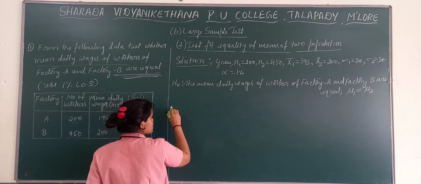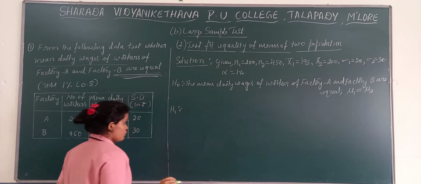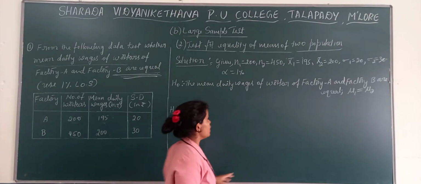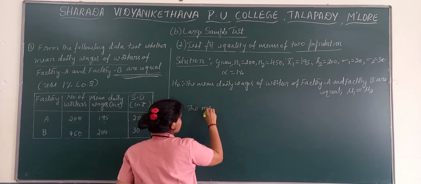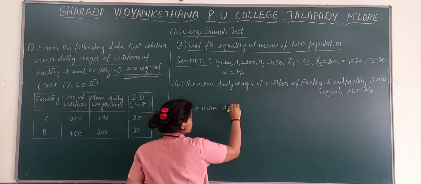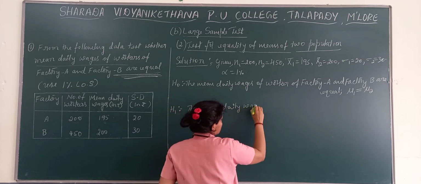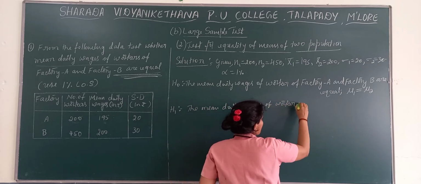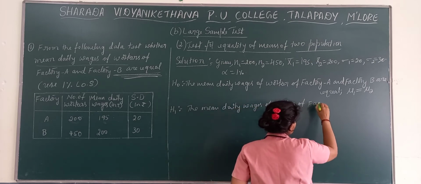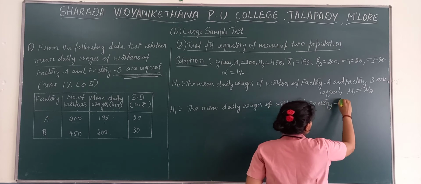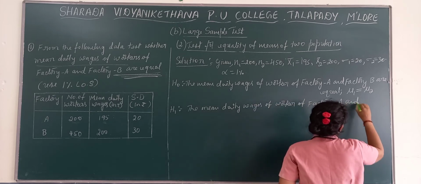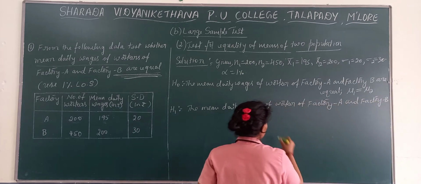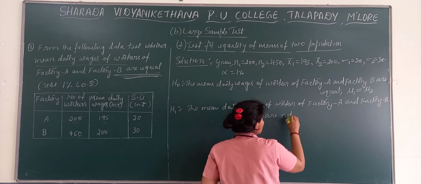Then the alternative hypothesis. We know that it is a two-tailed test, so the alternative hypothesis will be that they are not equal: the mean daily wages of workers of factory A and factory B are not equal.